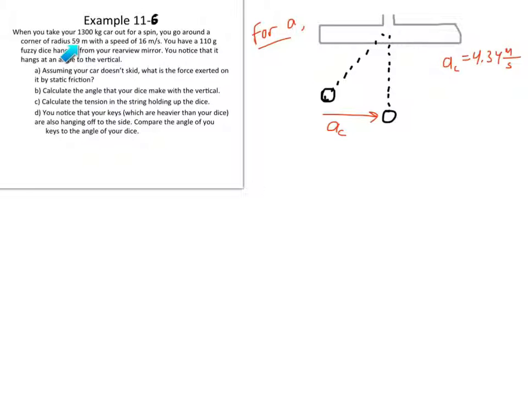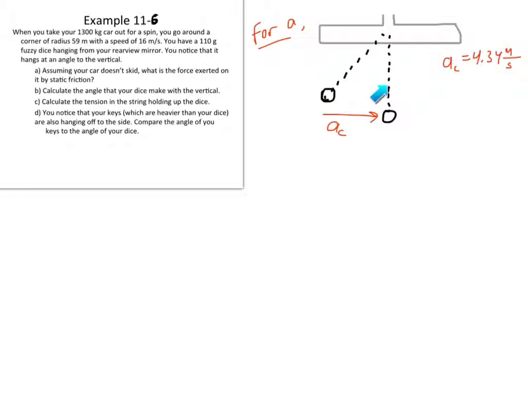But there's also the vertical acceleration that each object is experiencing, but each object is experiencing that a little bit differently, or to a different degree. Here you have the dice that are being pulled down and held up by the string, or you might say the supporting force in the vertical direction.